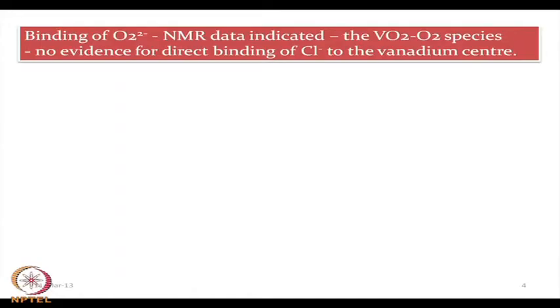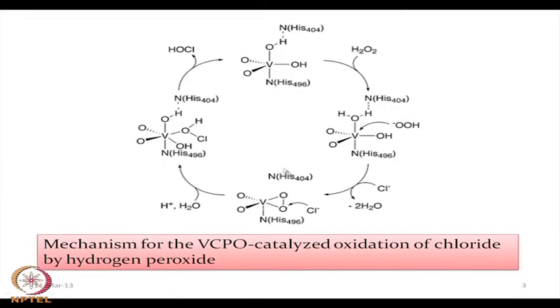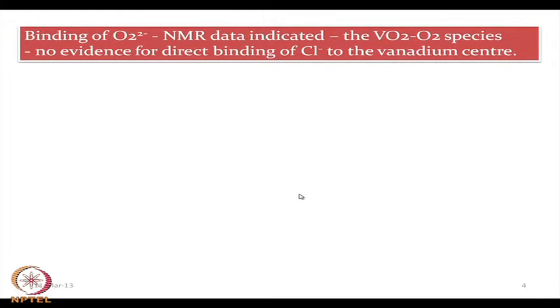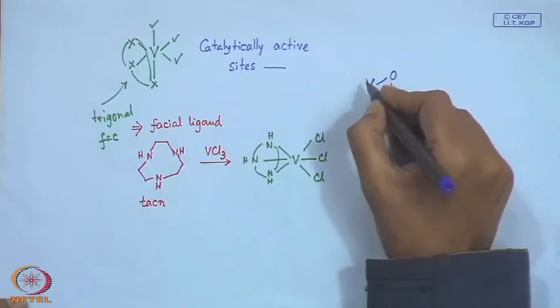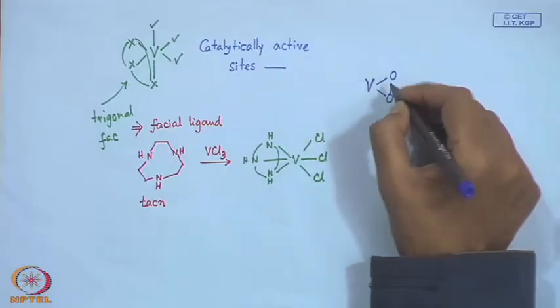The formation of this vanadium peroxo linkage, as well as sometimes the corresponding oxo form, that means it is in the form of oxo. So, VO2 and the peroxo linkage.